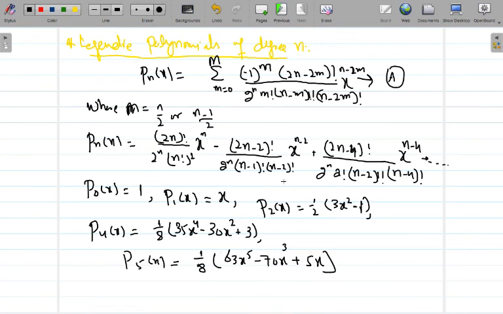So we can get any degree of polynomial from this expression by just putting the values in this expression. These are called the Legendre polynomials of degree n.